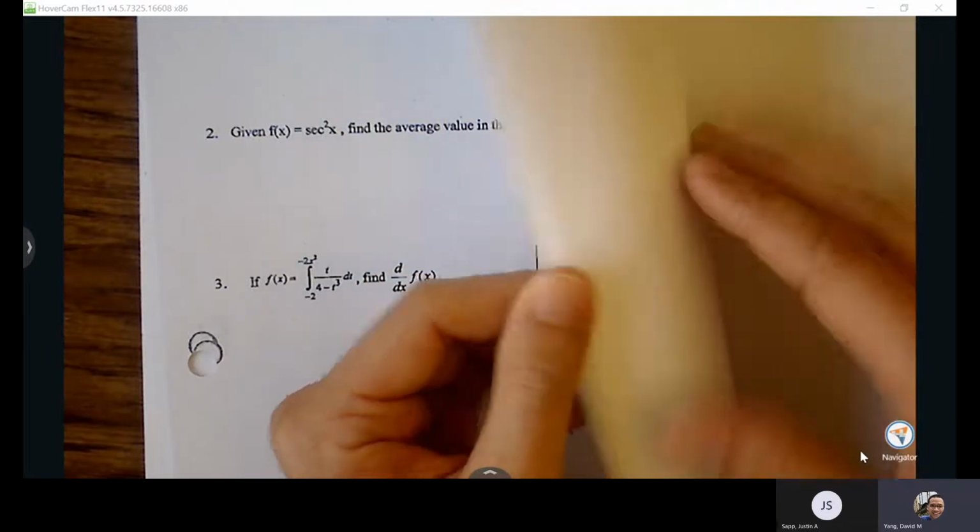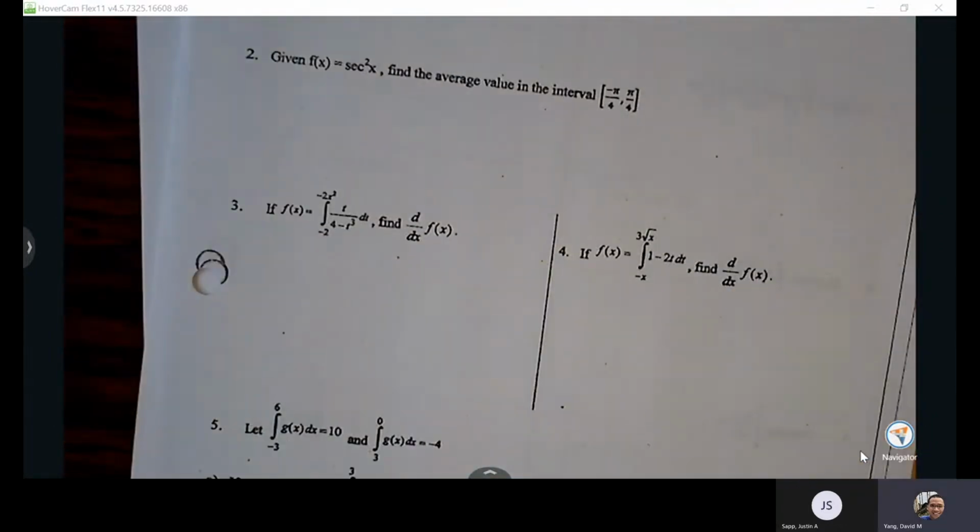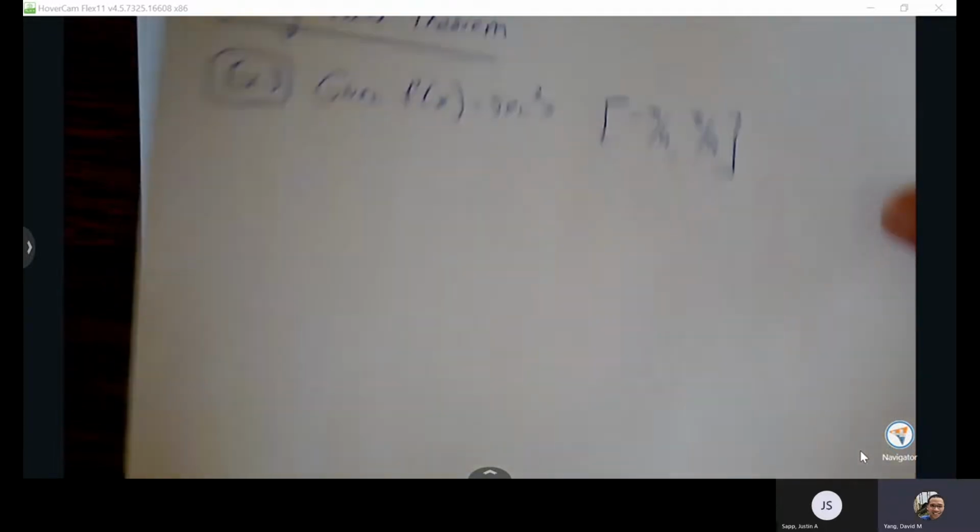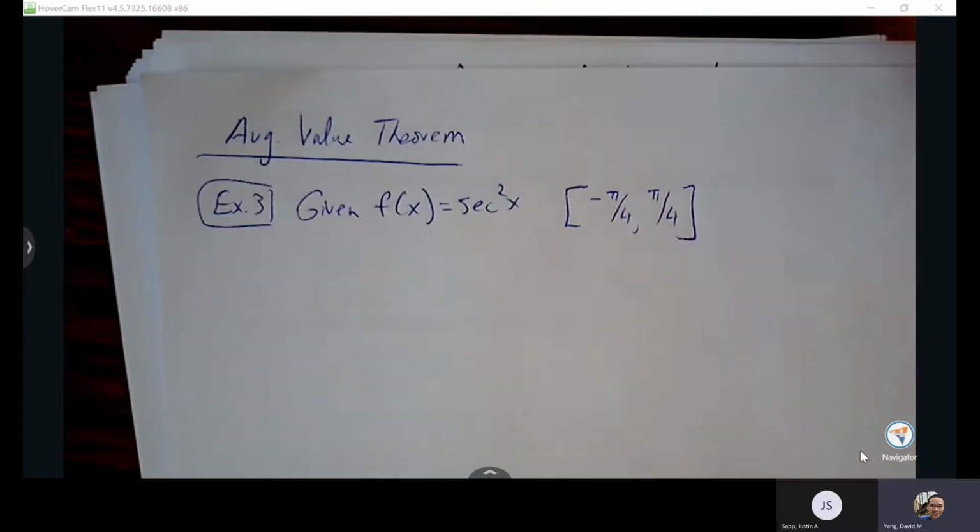Number 2 here. We have to know the average value theorem.